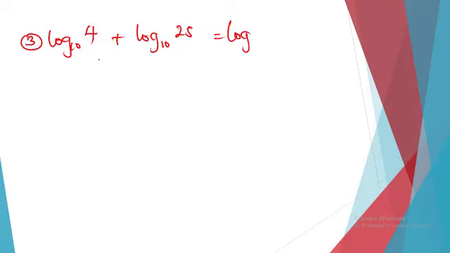Okay, if we are given log 4 base 10 plus log 25 base 10, all we need to do here is to bring one of the log and the base, since it is in base 10, then we have 4 times what? 25, and that will give us what? Log 100 base 10.